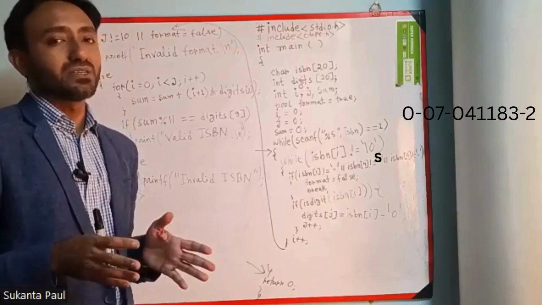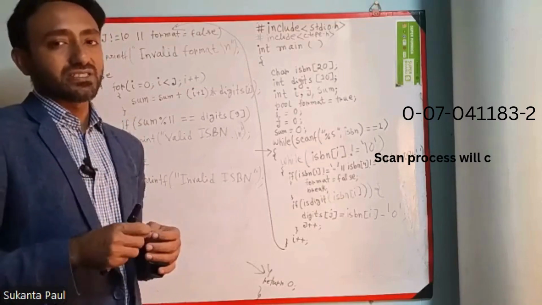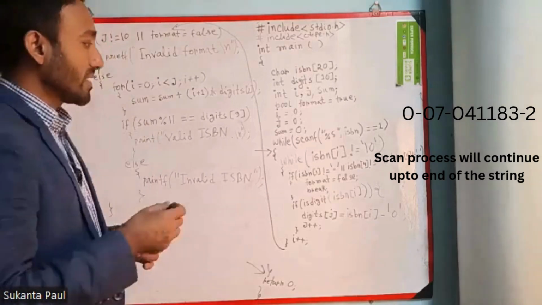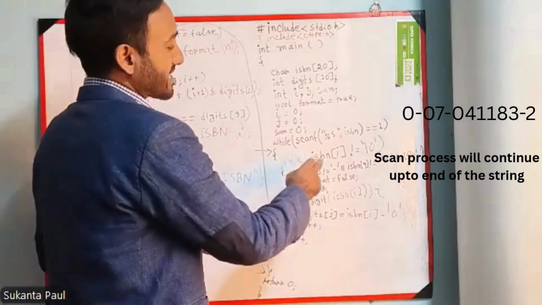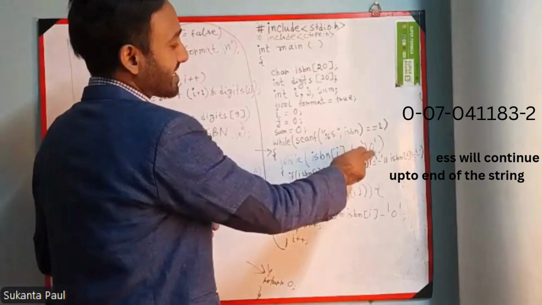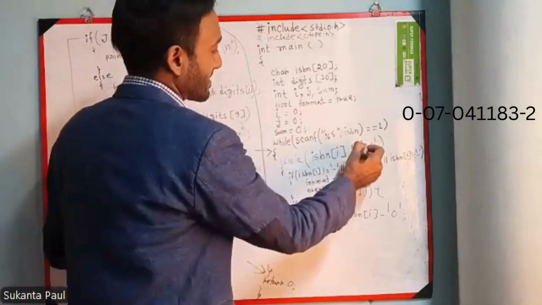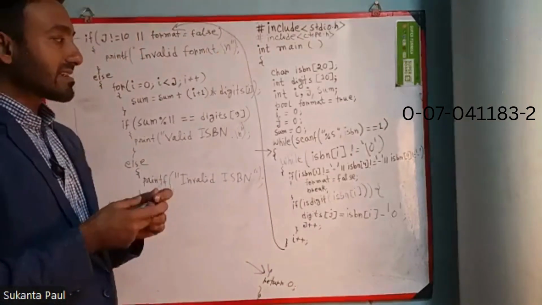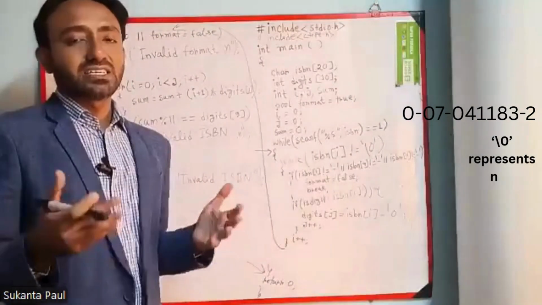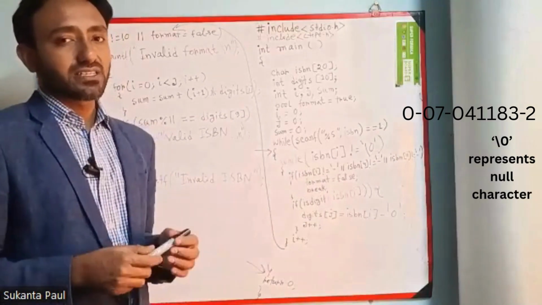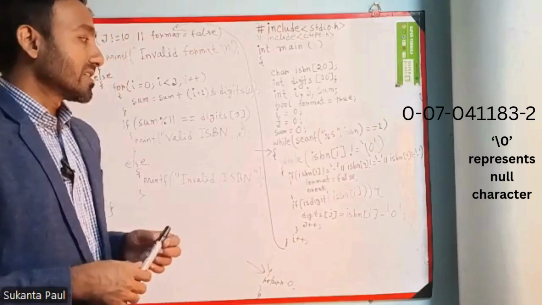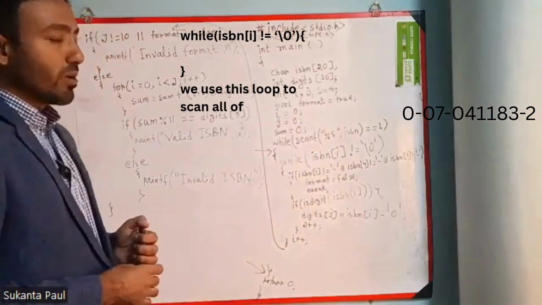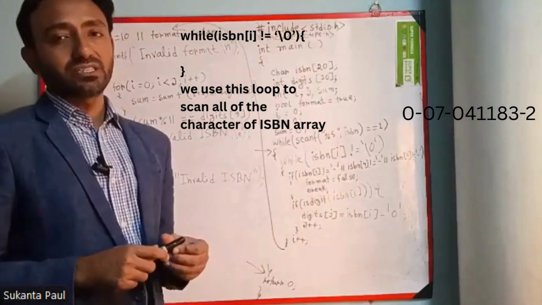So when we get a null value in the ith position, we can say that this is the end of the string. That's why we write while isbn[i] != '\0'. This is '\0' within a single character. Within a single character, it represents the null character. So until we find the null character in our position, the whole scan process will go on.